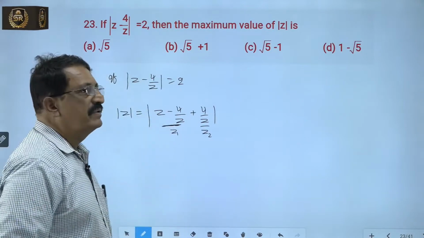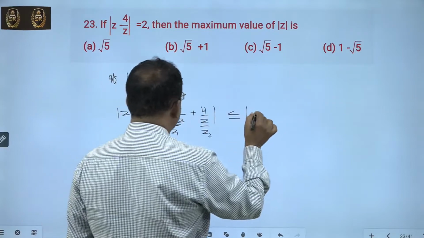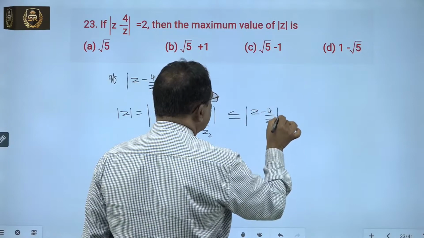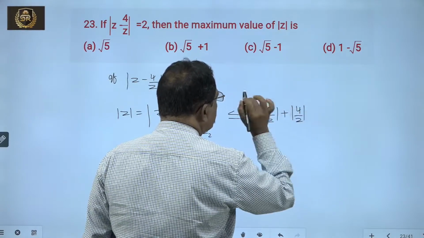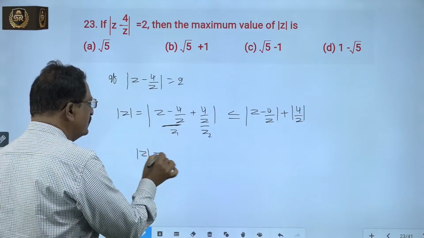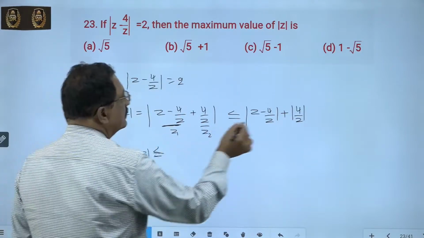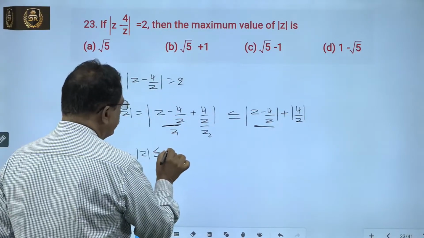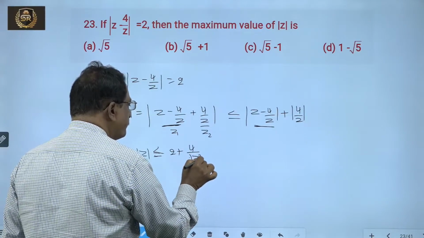Always |z1 + z2| is less than or equal to |z1| + |z2|, that equals |z − 4/z| + |4/z|. Now |z| is less than or equal to, here this value is given, |z − 4/z| = 2, plus 4/|z|.